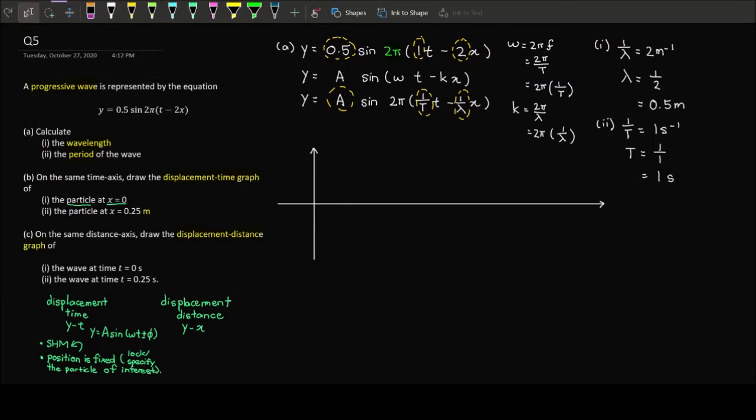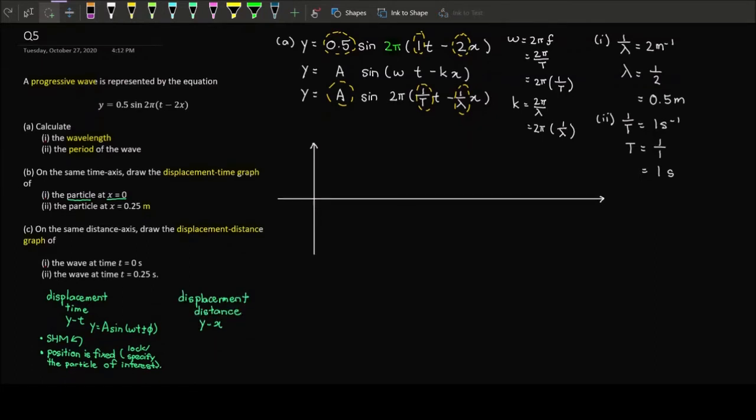Then the displacement distance graph. The displacement distance graph is a different kind of graph compared to the displacement time graph. You can think of it as a snapshot.